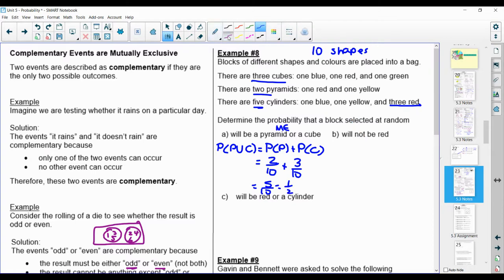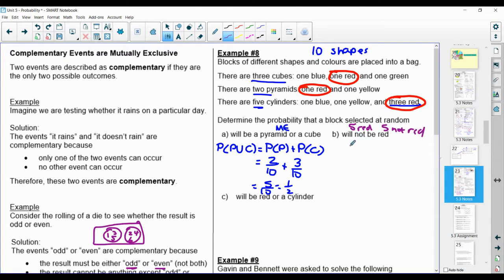Now, the probability that the shape we choose will not be red. Well, there are 3 reds here, and we've got 1 red here, and 1 red there. So 3, 4, 5. So if we have 5 that are red, that means there are 5 that are not red.